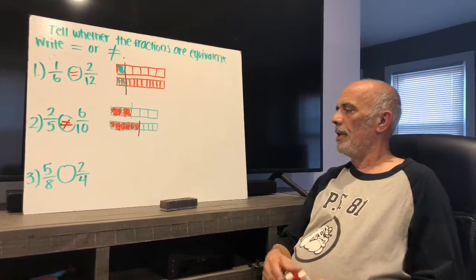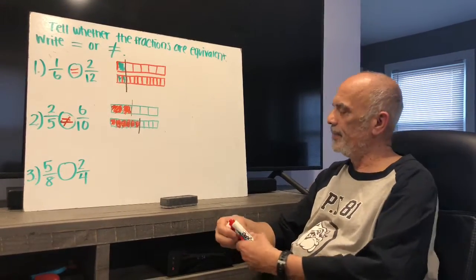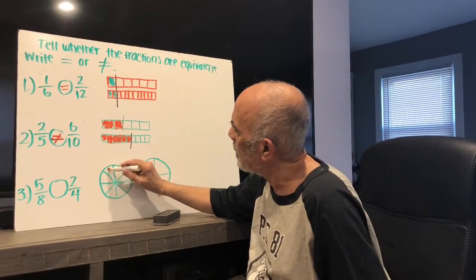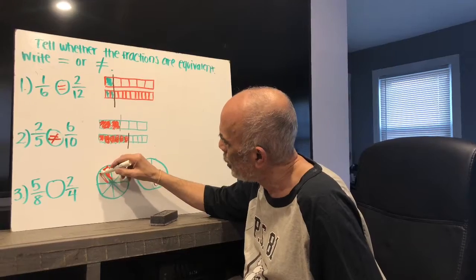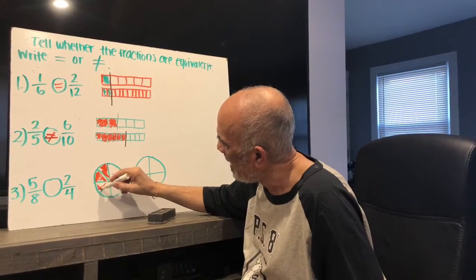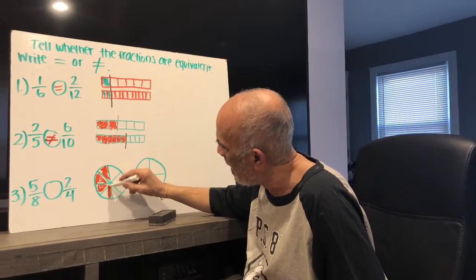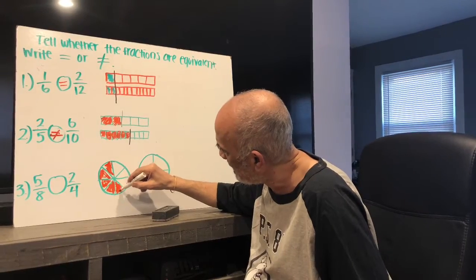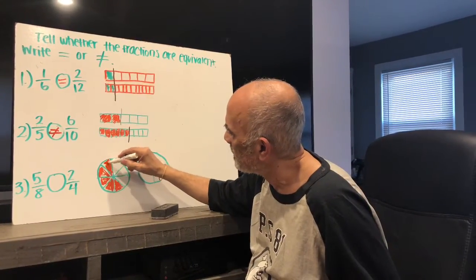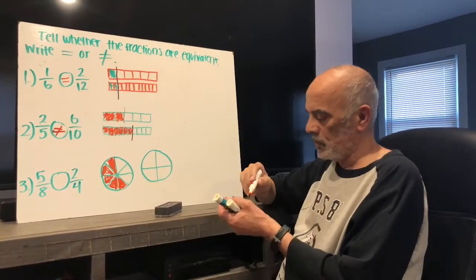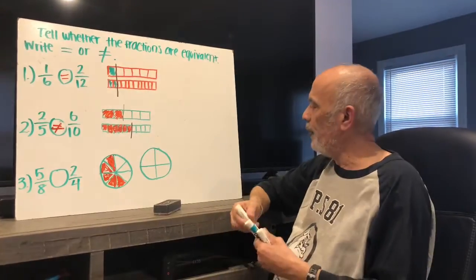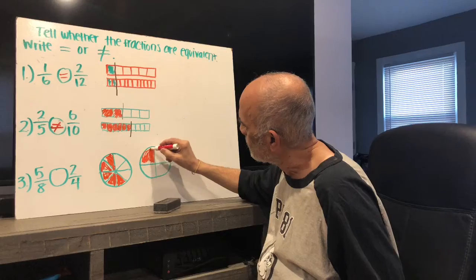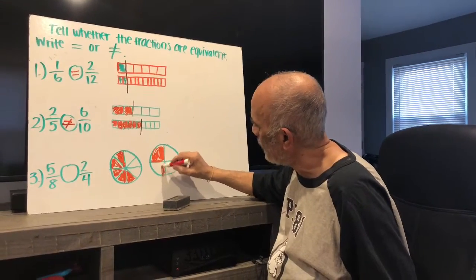Last one we're going to do, let's change it a little since I had enough of these bars. Let's make circles. 5/8 and 2/4.